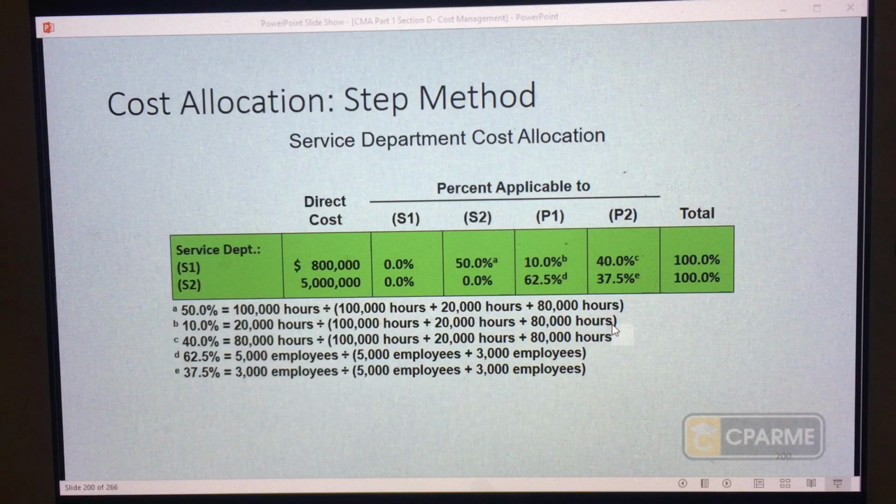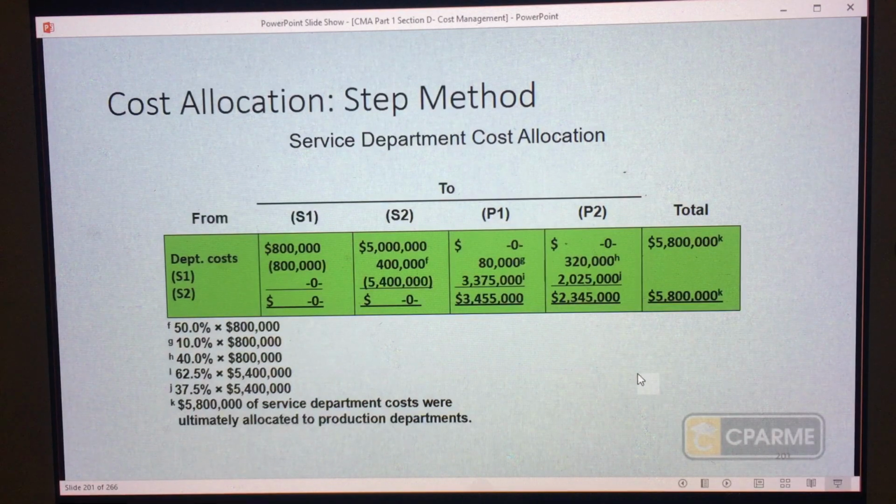And so let's look at what it means, no? Itong ating 10%, 40%, 62.5%, and the 37.5%. Basta tandaan ninyo, yung basis would be the highest no, percentage ng service provision, and then you're going to allocate this based on the cost drivers. Yan. So if we do the computation based on those percentages, no, ito na yung kanyang itsura.